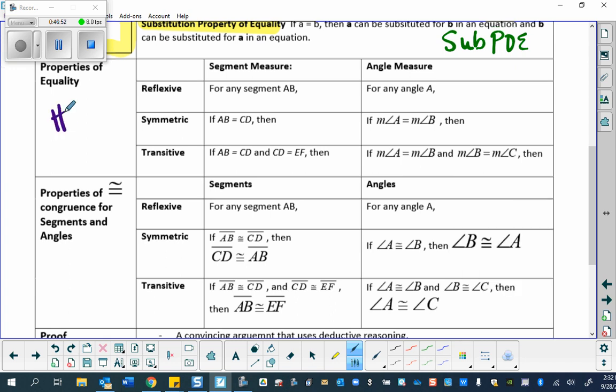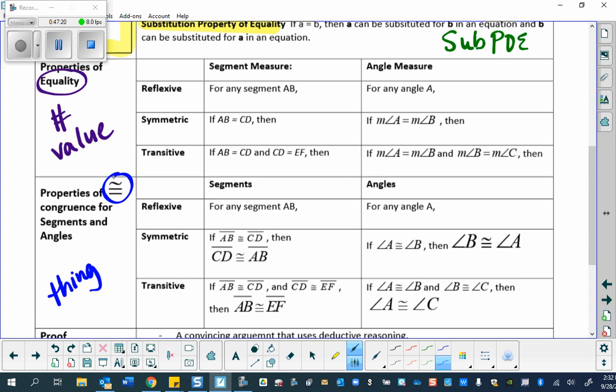I want to make sure that you understand anytime I'm talking about a numerical value, I'm talking about equality. Every time that I'm talking about an actual physical thing, the angle or a segment, I'm talking about congruence. Things are congruent, values are equal.